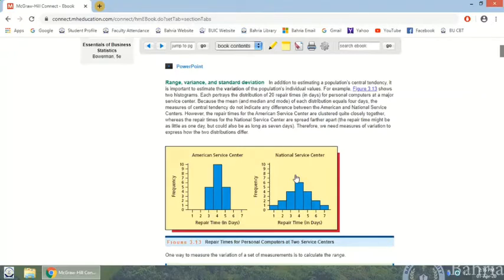If you look at this graph here, sort of like a histogram, they have given you two service centers in this case, the American and the National Service Center. The American Service Center takes relatively fewer days to repair any kind of spare parts that come to them, whereas the National Service Center would usually take more days to repair the same thing.